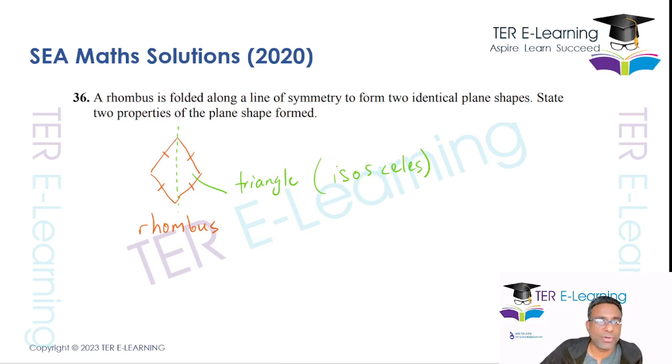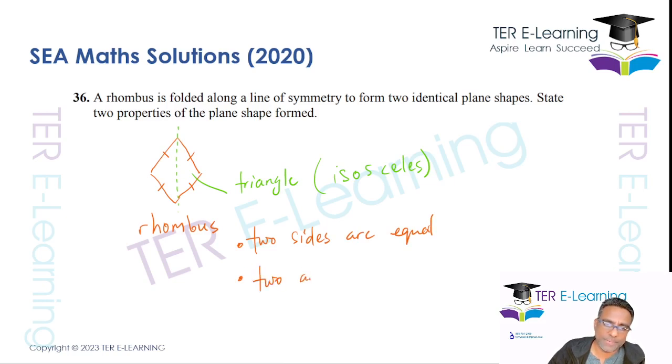All we're going to say is 2 sides are equal, that's one property. And we can also say 2 angles are equal. So that's all we need to say for that one.